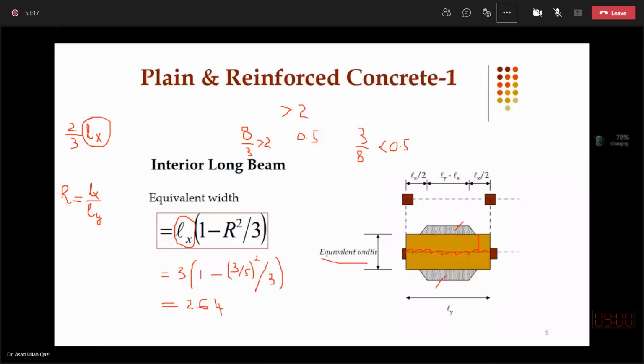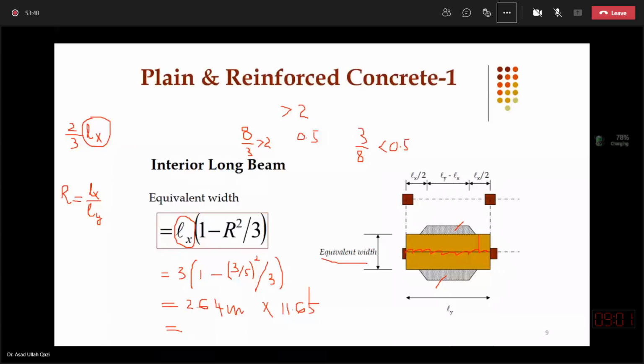So it is important to note that this equivalent width will be multiplied with 11.65 if for this slab system you have estimated the ultimate pressure. It will give you the UDL on this beam.